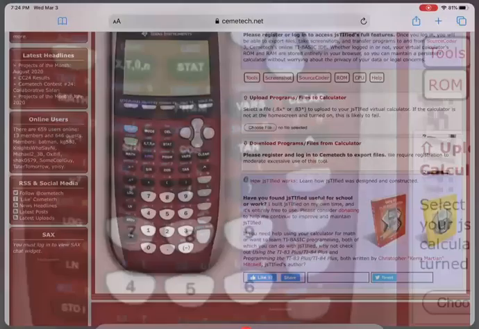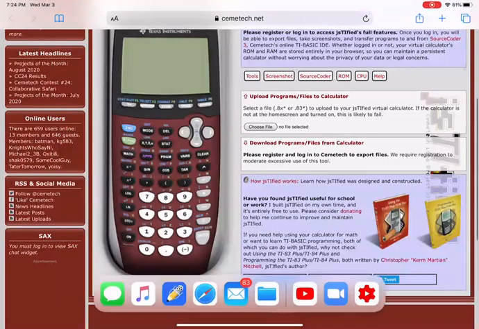Let me just see if my addition is correct. I don't want to put the wrong answer there.